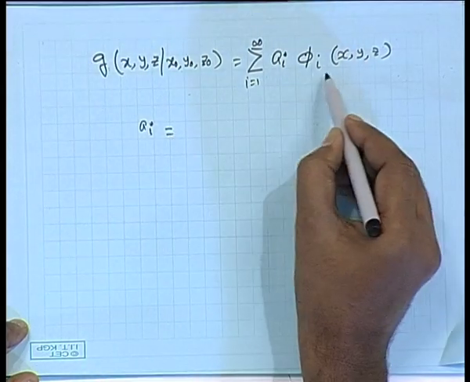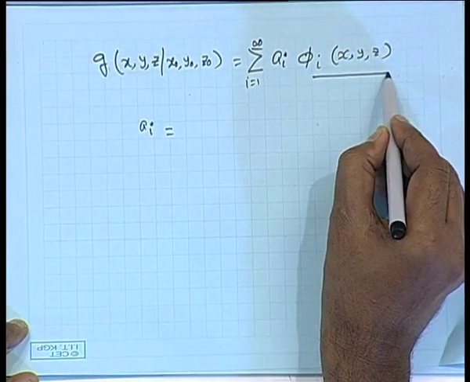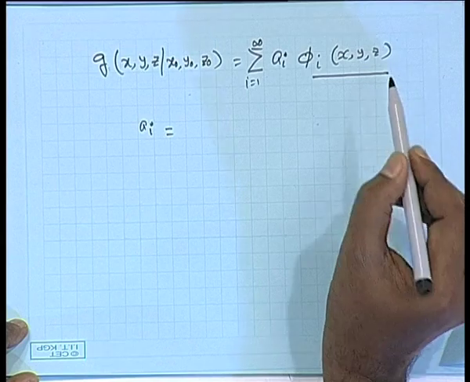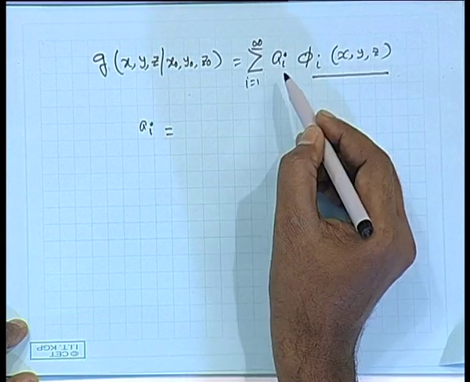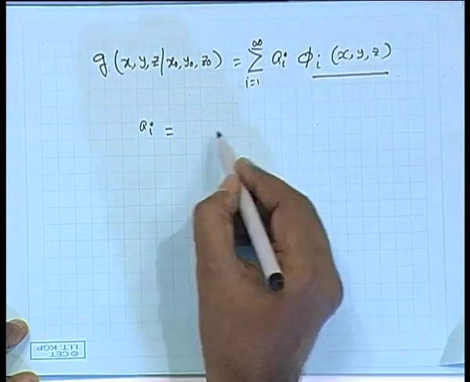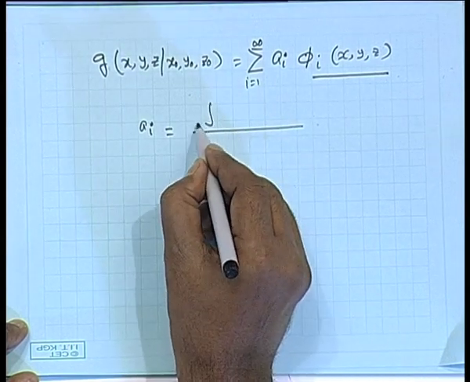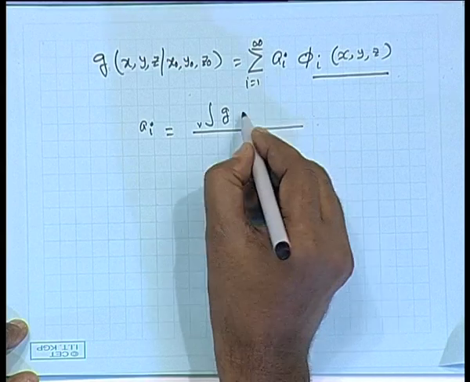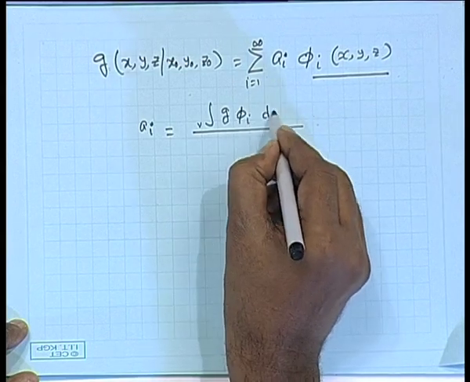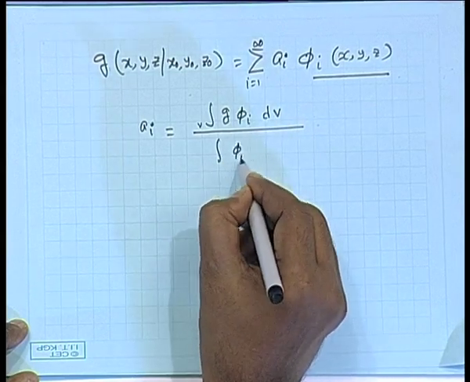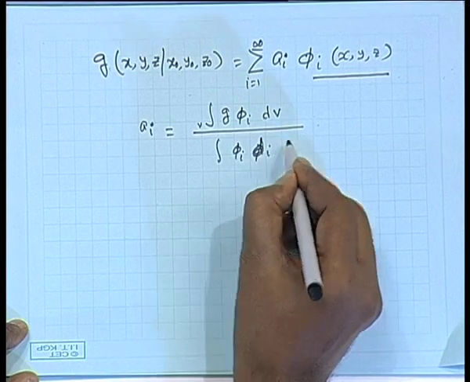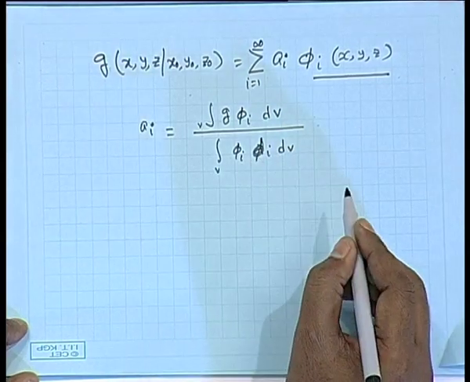So basically, by solving the eigenvalue problem, you know the expression of phi I, but the constant is unknown. This constant can be obtained by this relationship: the volume integral of g phi I dv over the volume V, divided by the volume integral of phi I squared dv.